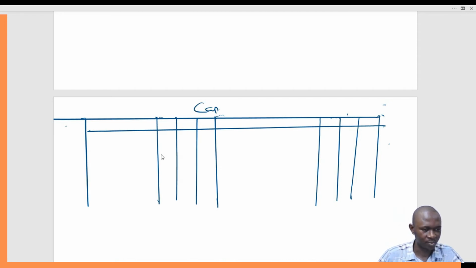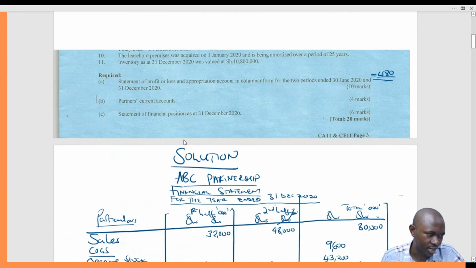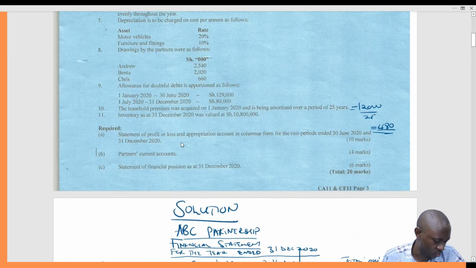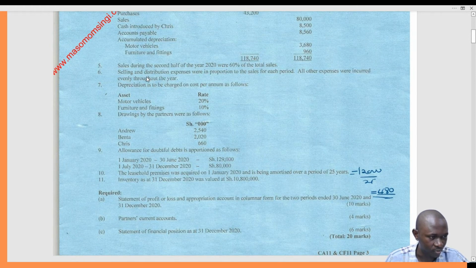So we'll call it capital account, and then we have partner A, partner B, partner C, partner A, partner B, partner C. This is particulars, and for the debts, we are not so keen on them at this point. So let's do our capital account, and then that information will help us to fill the appropriation account.